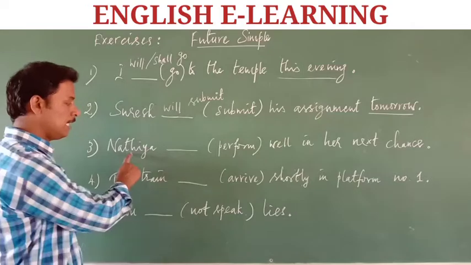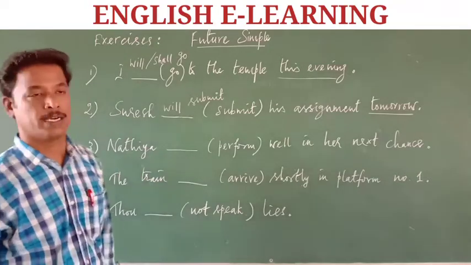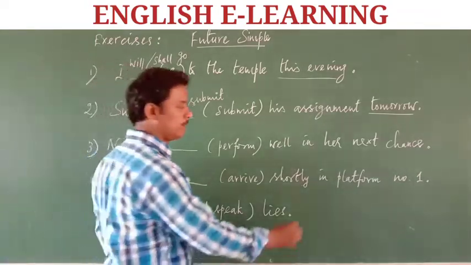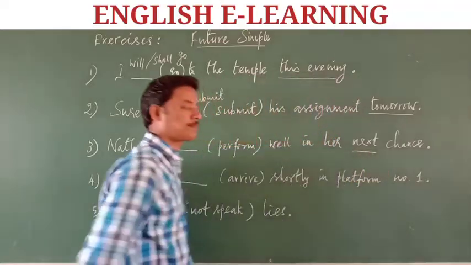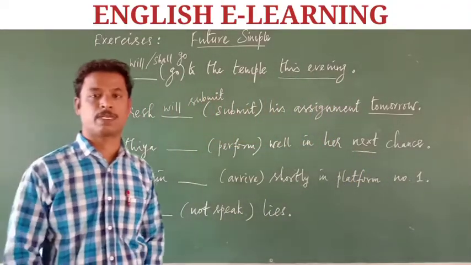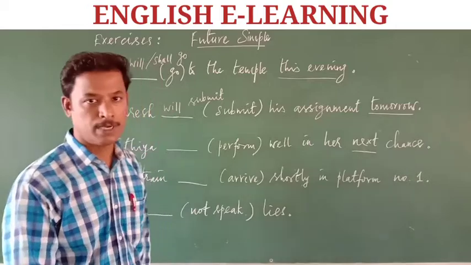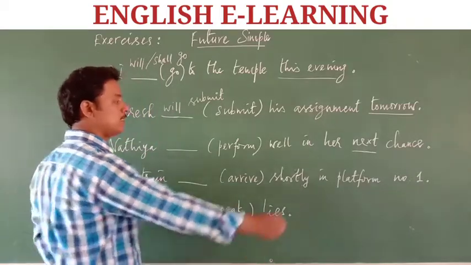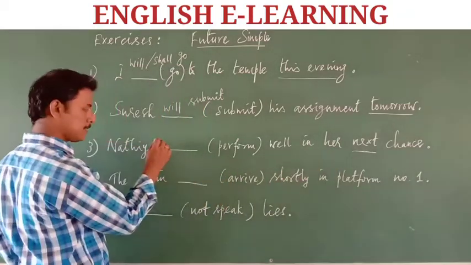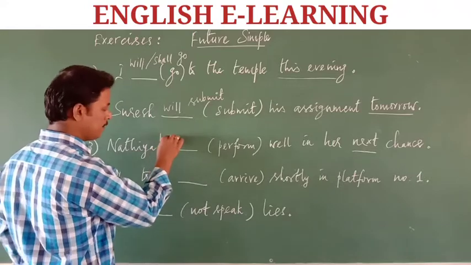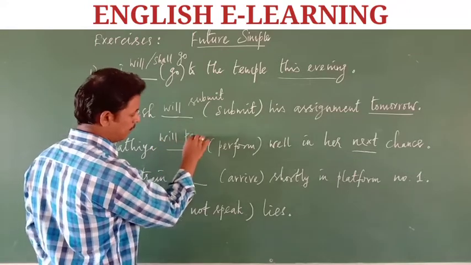Look at the next one. Nadia dash well in her next chance. The keyword is next. Next chance, next program, next Monday. Right. Likewise, if you find these keywords, you can use the simple future. Nadia will perform.